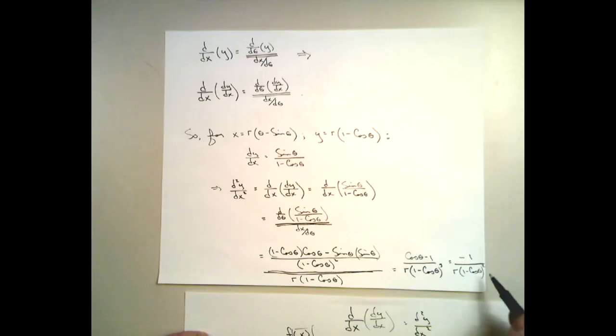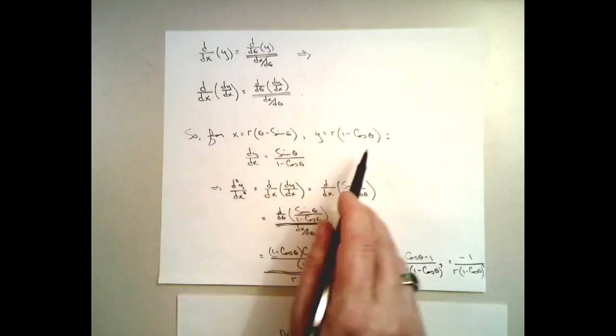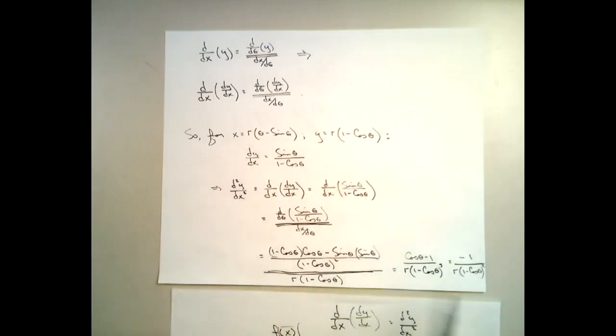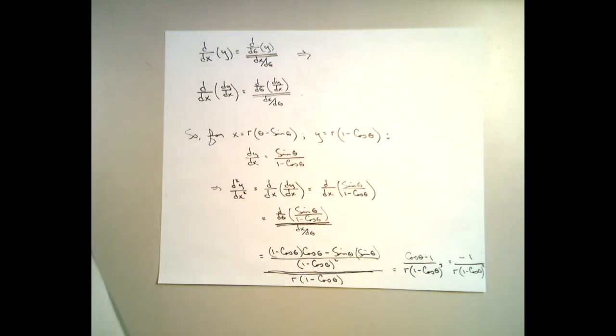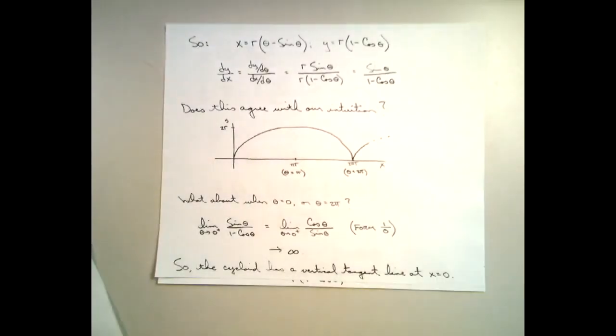Well, I want you to notice something. The bottom, so long as it's not 0, is a positive number. The top is a negative number. So what this tells me is that for the cycloid, the second derivative is always negative. Does that agree with your intuition? Let's look at the cycloid again. Do you remember what the second derivative tells us about the graph of a function?